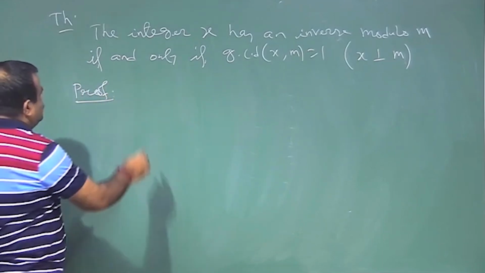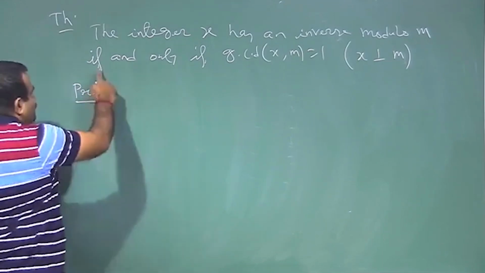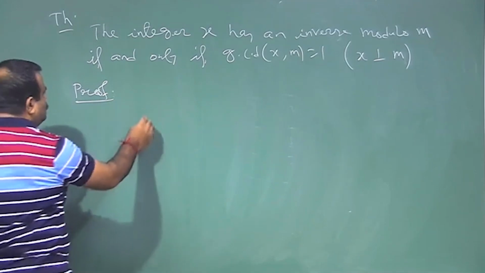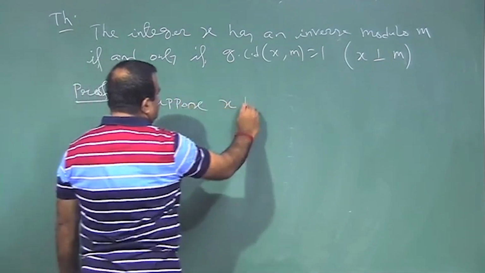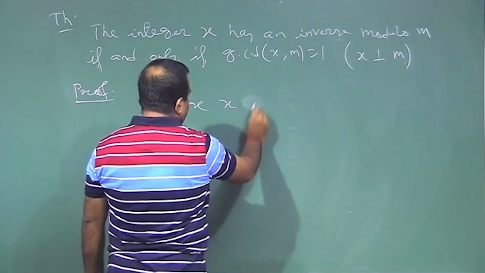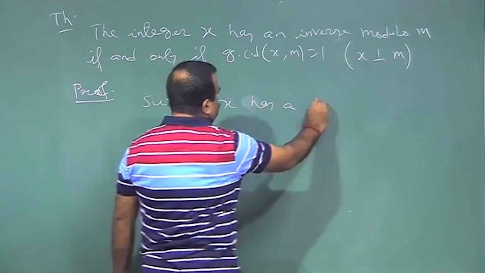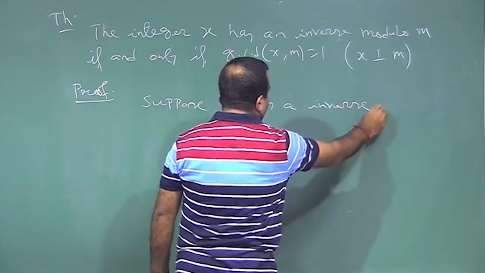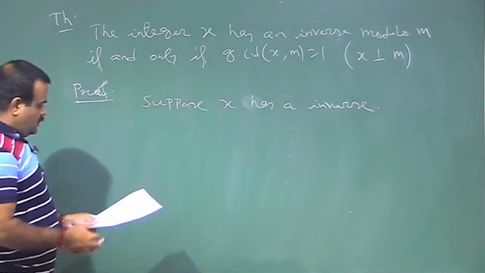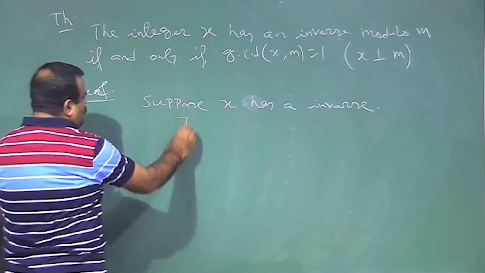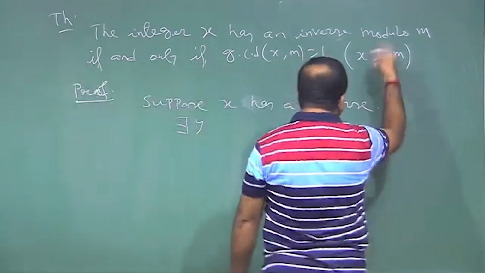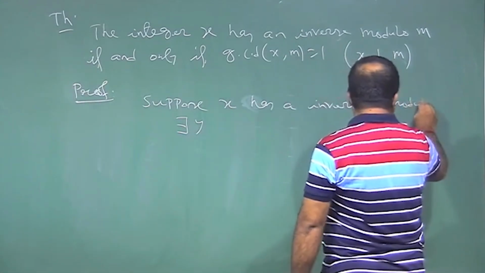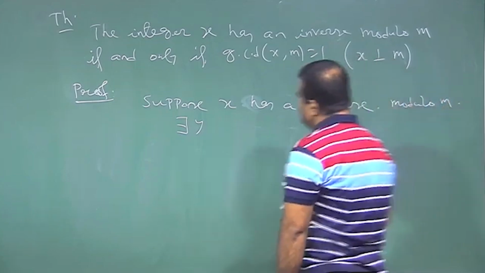Okay, suppose x has an inverse. The proof has two parts, the if part and the only if part. So, suppose x has an inverse under modulo m in the multiplicative sense.